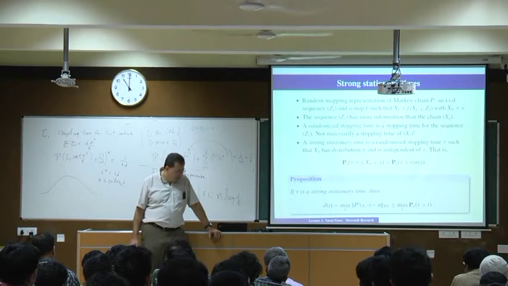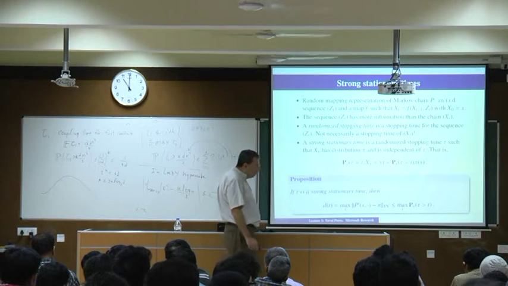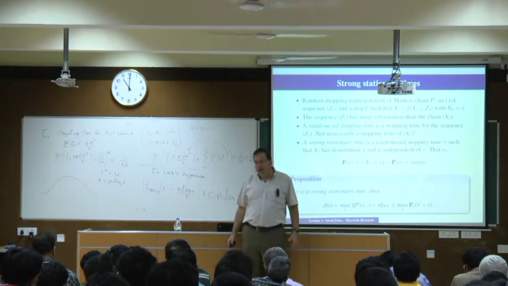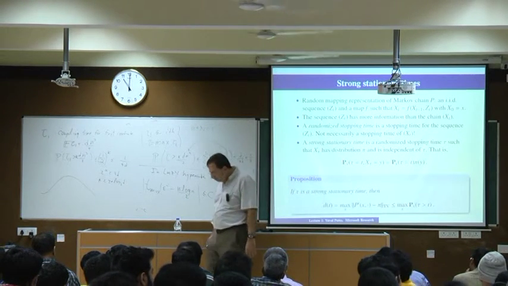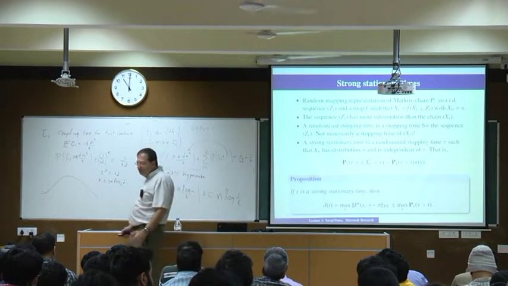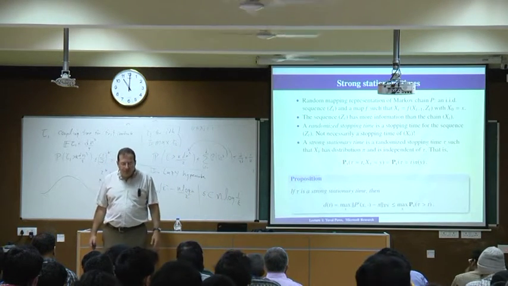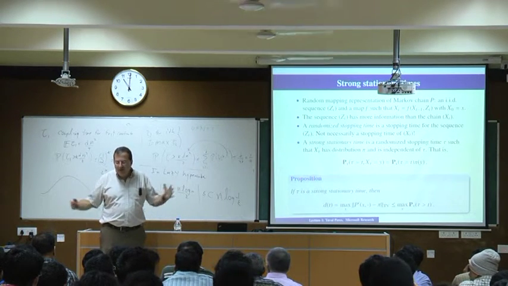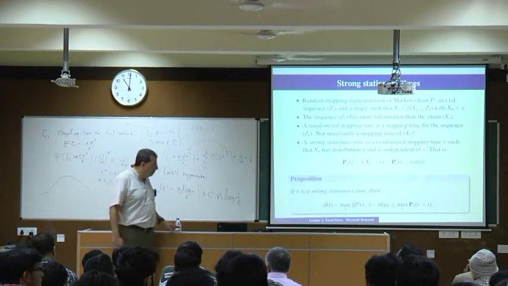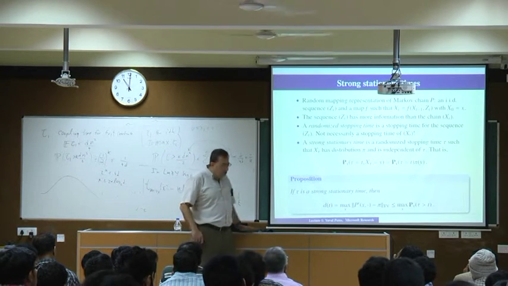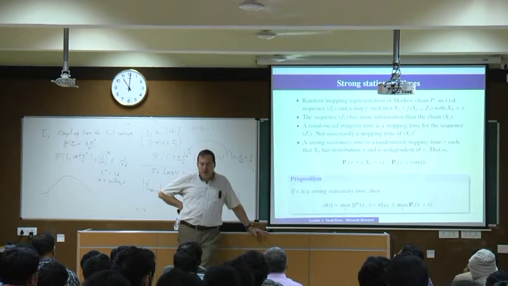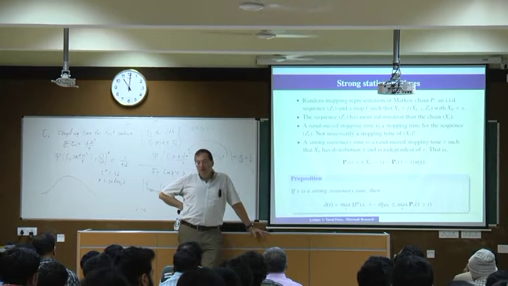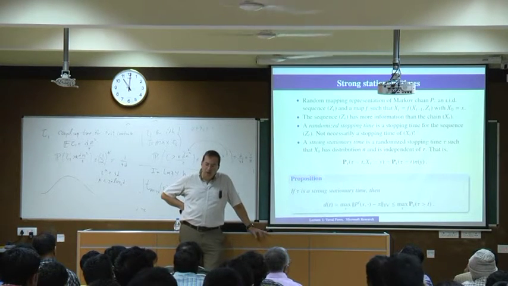To see a simple example, suppose I have a bipartite graph, and I do a chain which is not lazy. That chain, in fact, never mixes. The mixing time is infinite. And there is no strong stationary time, because at any time, if you give me the time, I know whether I'm in the even sites or the odd sites.